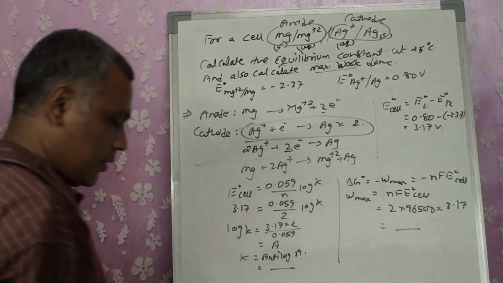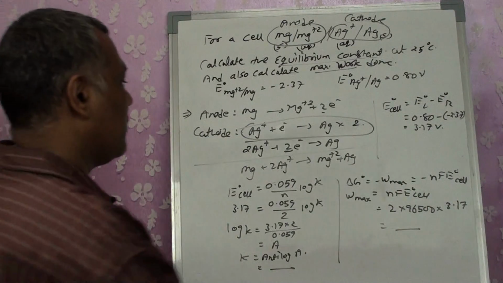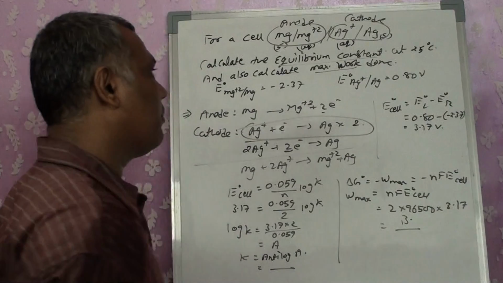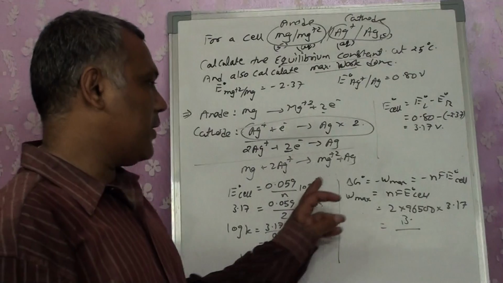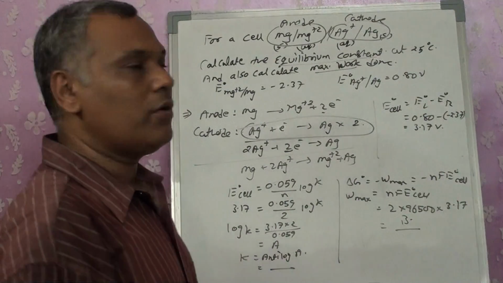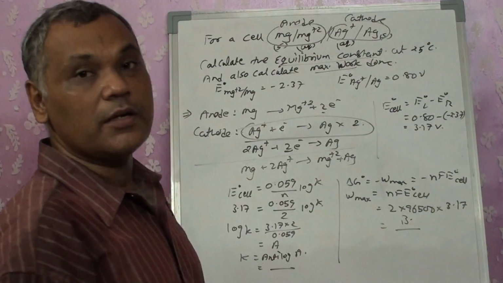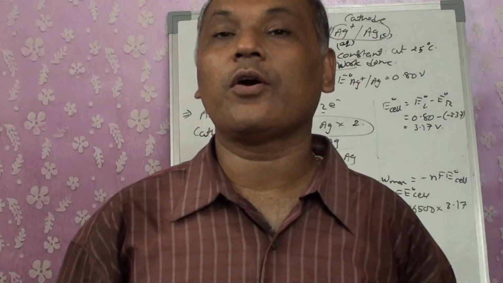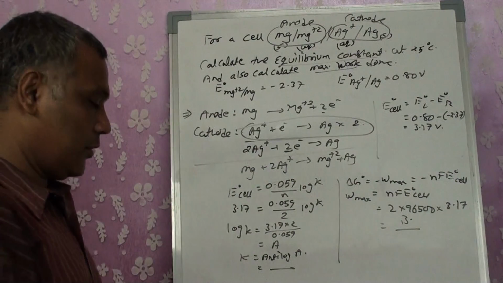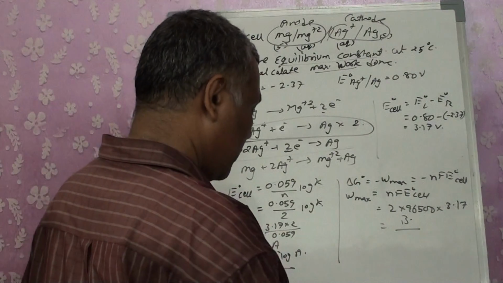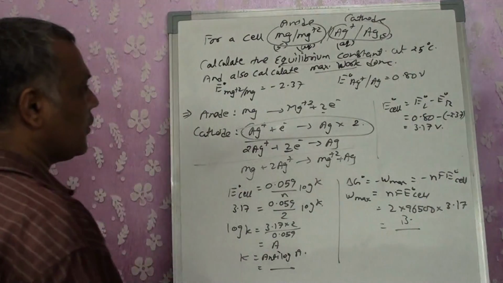Whatever we get will be the maximum work done, and that will be your answer B. Either by this, or by using minus 2.303 RT log K, you can also calculate the equilibrium constant. Let's do one more, similar type of sum. We will just go through it.